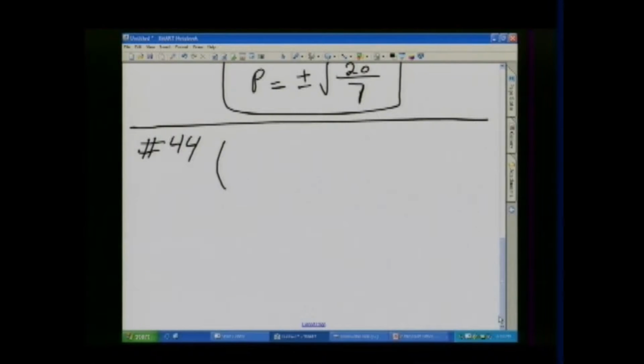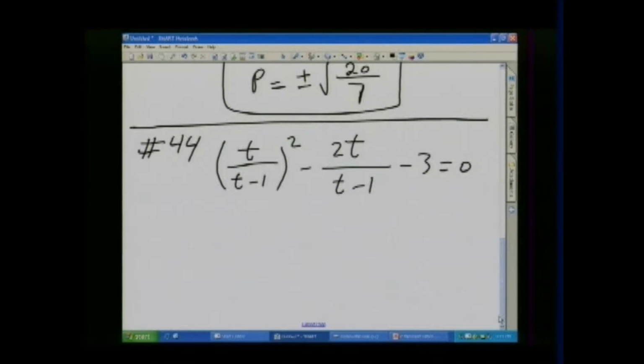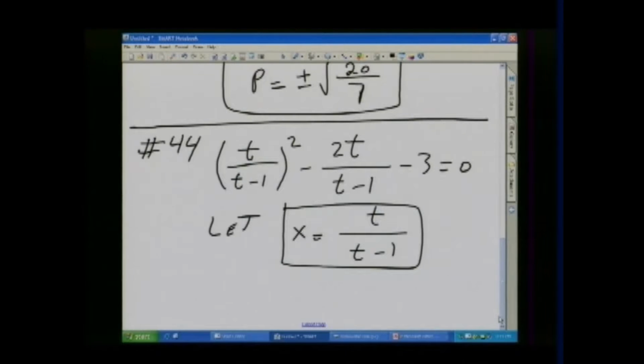You have t divided by t minus 1 squared minus 2t divided by t minus 1 minus 3 equal to 0. It gives you a hint. It says let x be equal to t divided by t minus 1. Well, this is a very important hint.